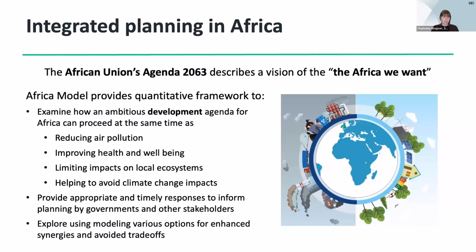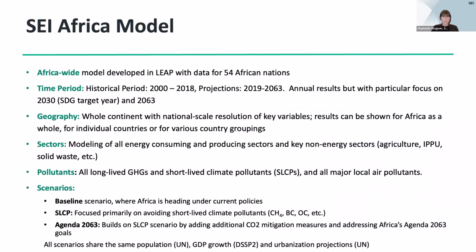And so it provides the kind of quantitative prospective data that can inform planning by governments and other stakeholders, and it can be used for various options for enhanced synergies and to avoid different trade-offs.